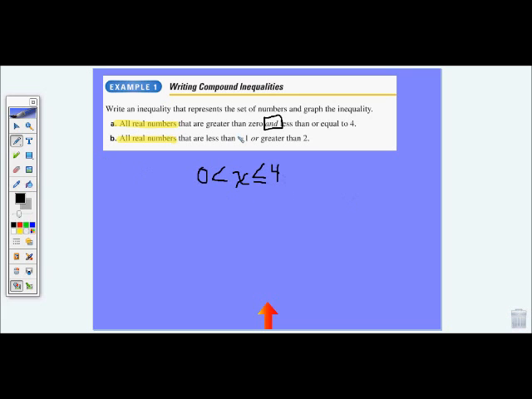For our second sentence, this time we have an "or" statement. So we're actually going to be writing two inequality sentences for that one. It says real numbers, that's my variable again, that are less than -1.